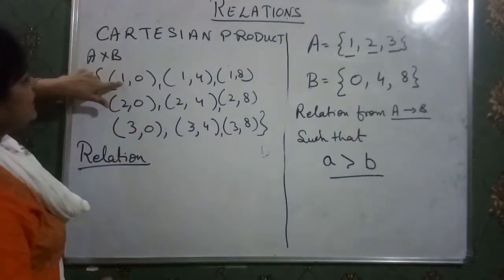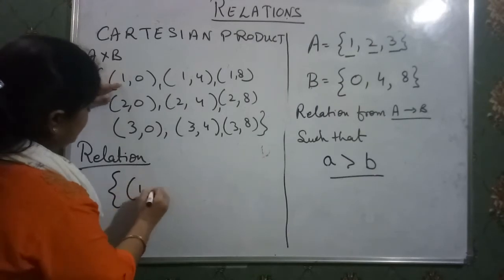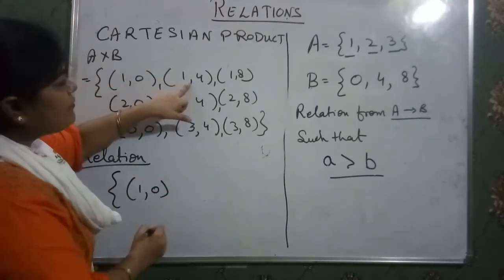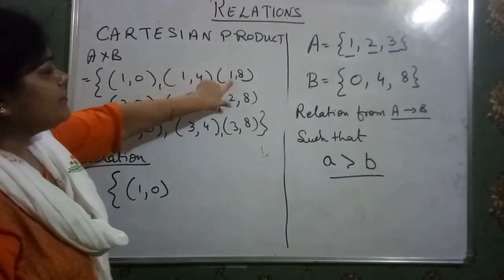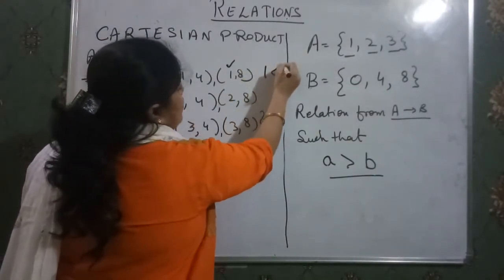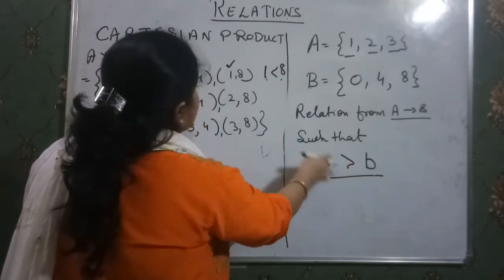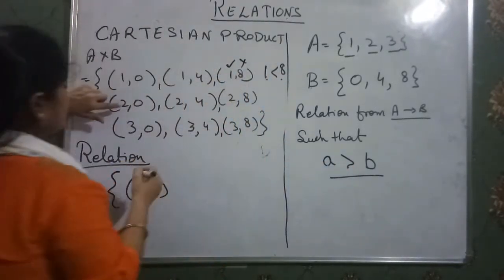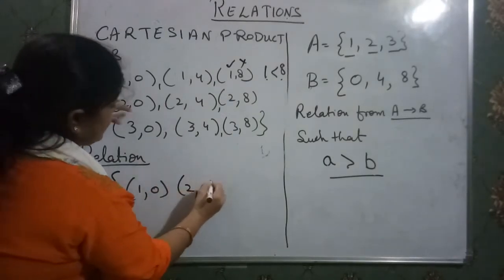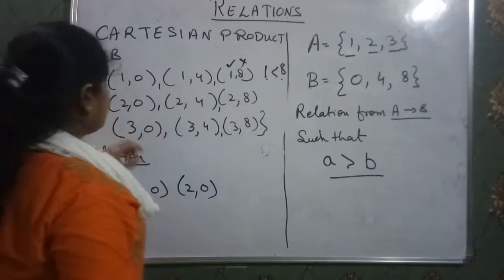That means 1 comma 0, 1 is greater than 0, so we take it. Then 1 comma 4, 1 is less than 4, so leave it. 1 is not greater than 8, and here we have to take greater than, so we don't take this. Here 2 comma 0 we take, 2 comma 4 is less than, we can't take it, 2 comma 8 is less than, we can't take it.